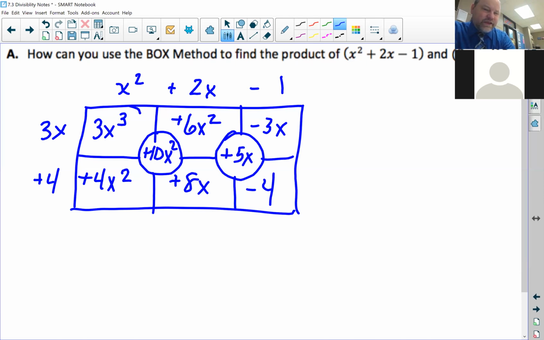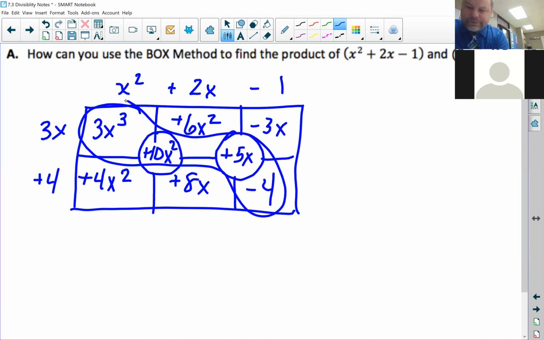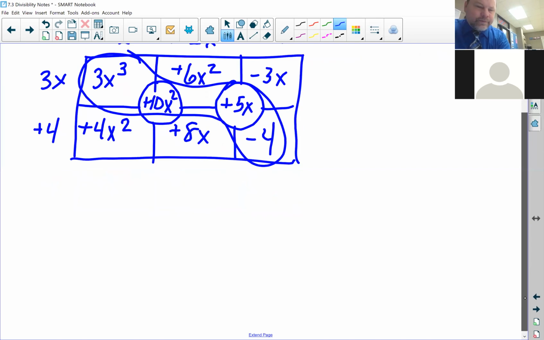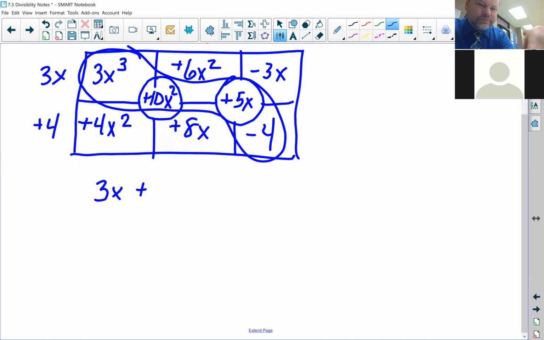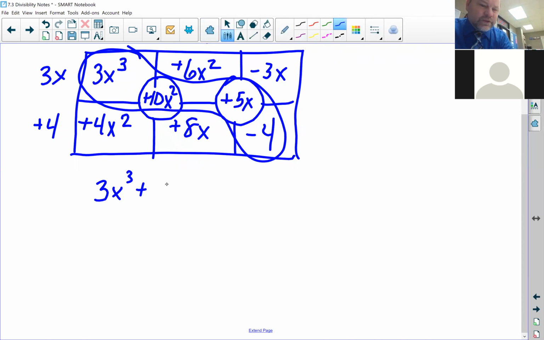And now my answer kind of snakes through there. I get 3x cubed, or 3x to the third power, plus 10x squared plus 5x minus 4.